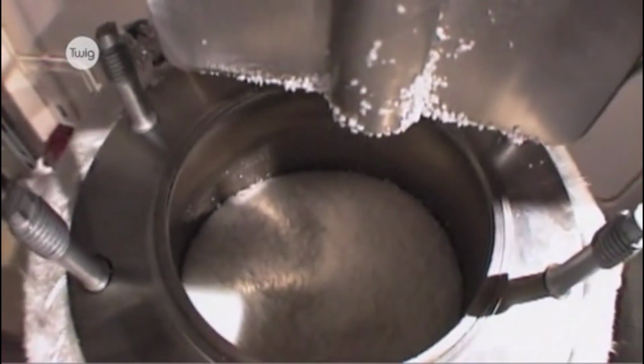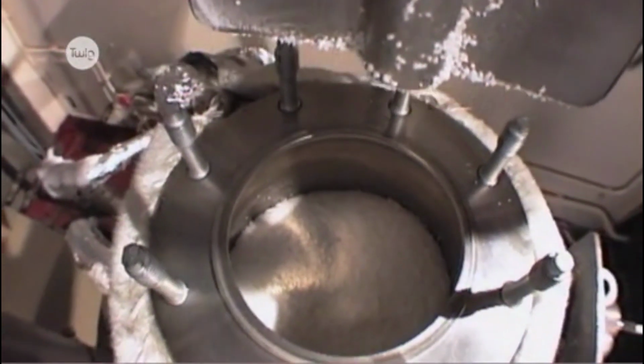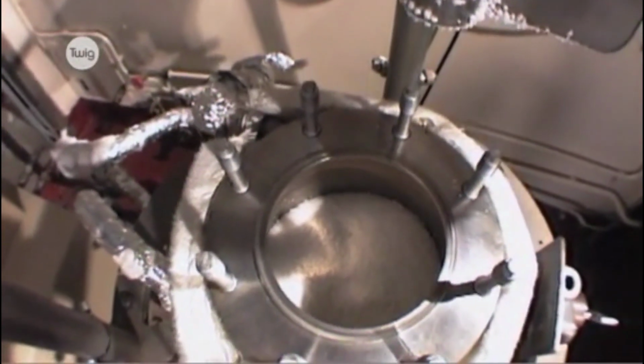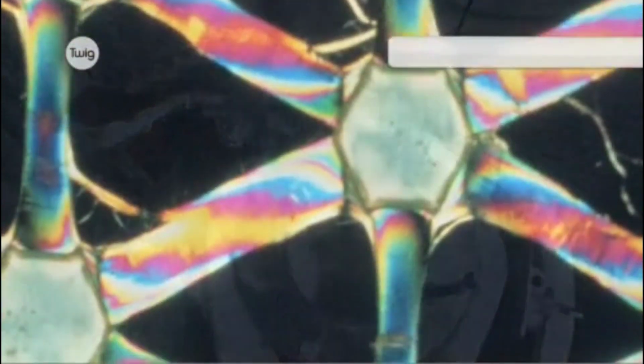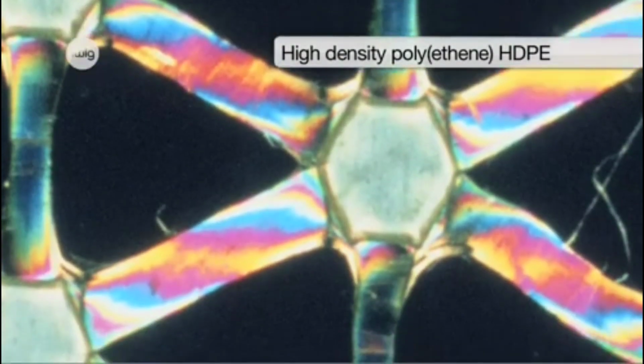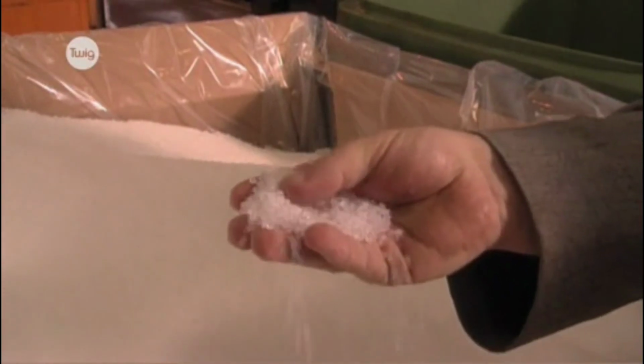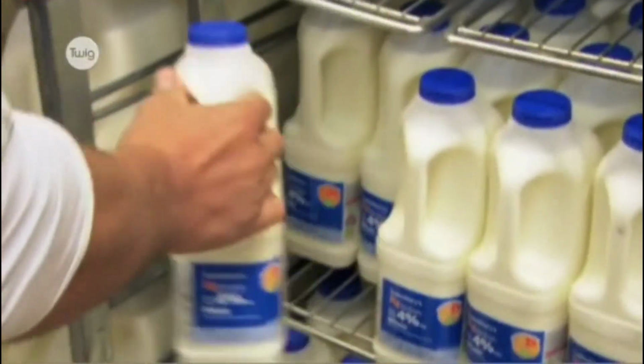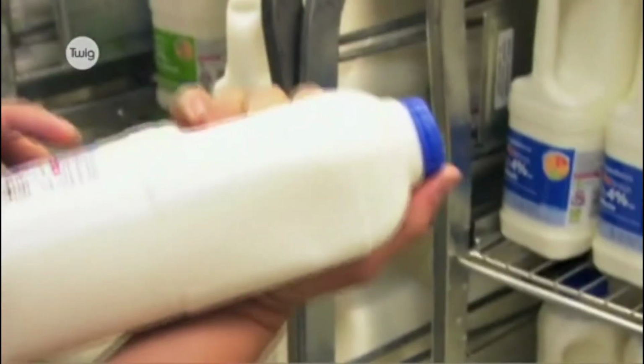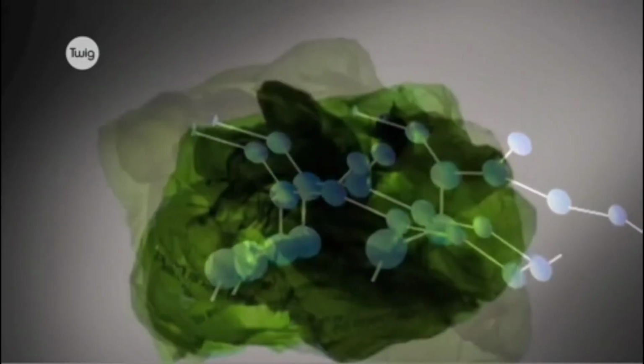Take high-density polythene, for example, with straight polythene chains packed closely together, producing a high-density material. It's rigid, strong, and used to make plastic milk bottles. But branched polymers cannot pack so easily, so the density is low.